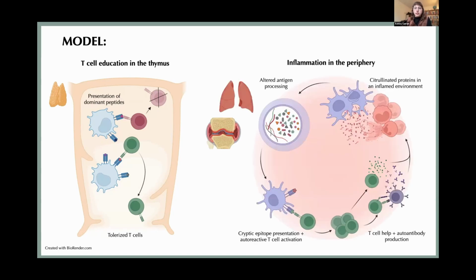And then once they're in the periphery, in this case in RA, citrullinated proteins are being released in an inflamed environment, and they can undergo altered antigen processing.